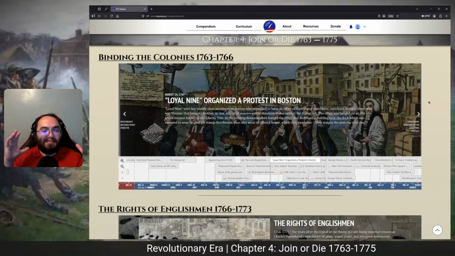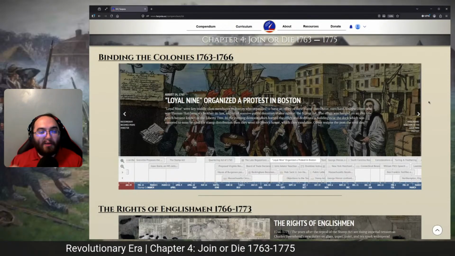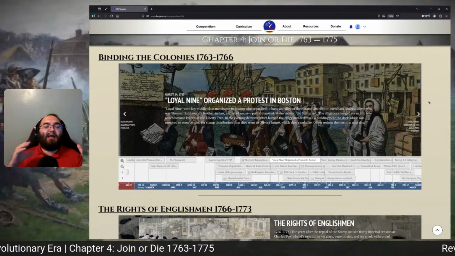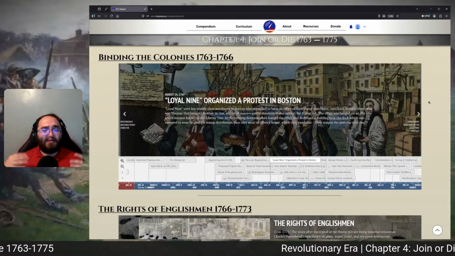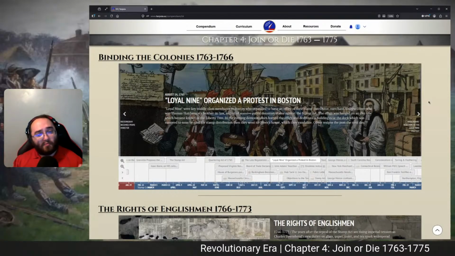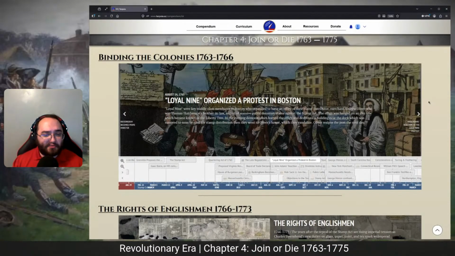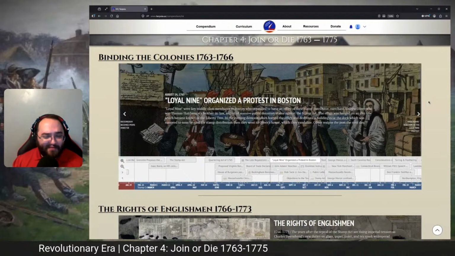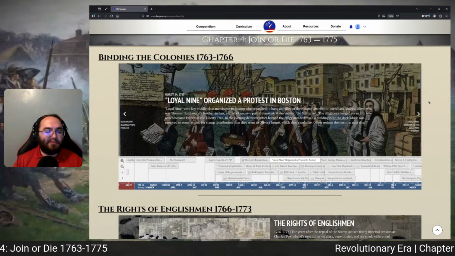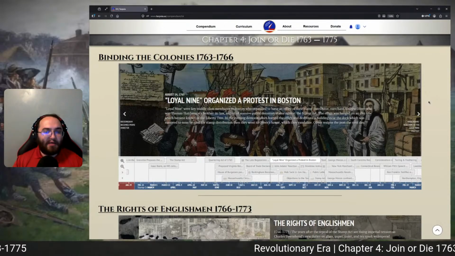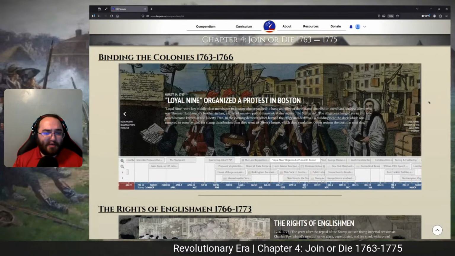So this is an act of terrorism, burning an effigy, and then vandalizing property and forcing what would be a tax collector to resign. And so this is the first of many such protests that will happen, especially in Massachusetts.